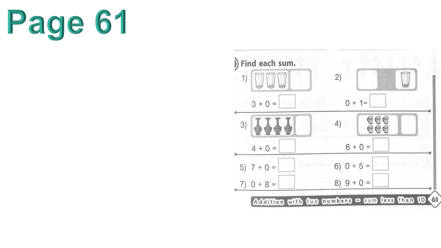Find each sum using adding 0. Number 1. We have here 3 glasses, and on the other side there is no glass. In number sentence, it is written as 3 plus 0 equals, what's the answer? Yes, you're right, 3. Now please do the rest.